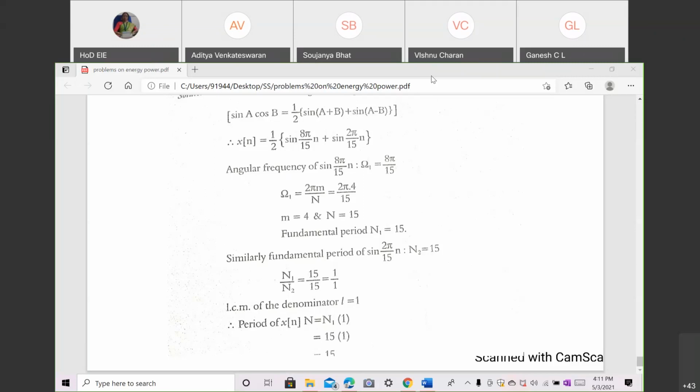Anand Sharma. Present, sir. Anand Raj. Ananya D. Present, sir. Anisha. Present, sir.